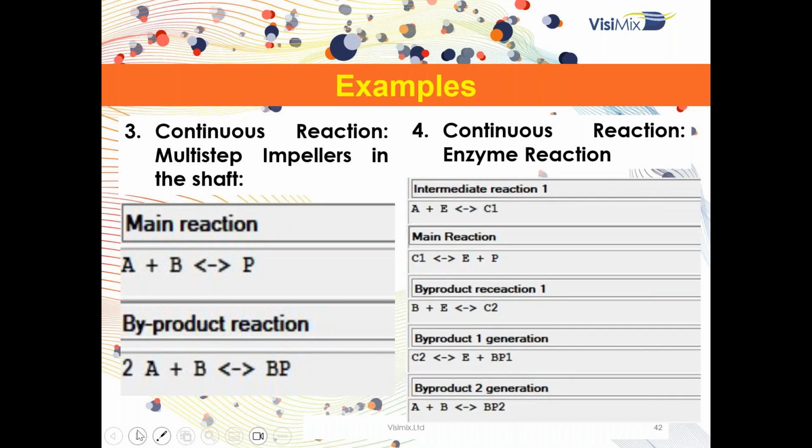The other examples you will get with the software are when we have multiple impellers on the same shaft, and this can change the results. And the last example, you will see what happened with biotechnology or enzymatic reactions, so how you can feed all the mechanisms of the process and generate results.